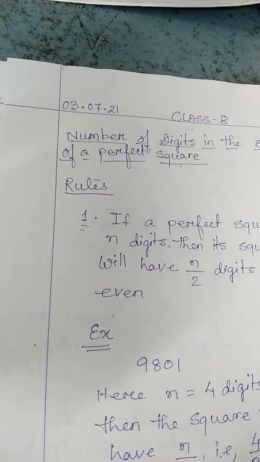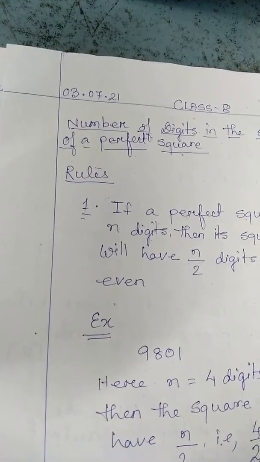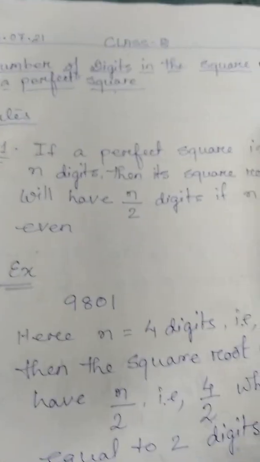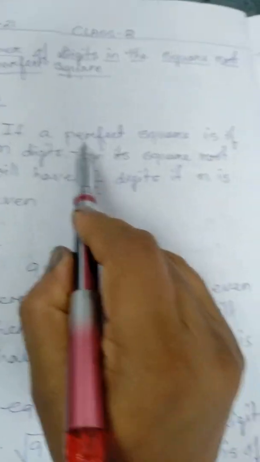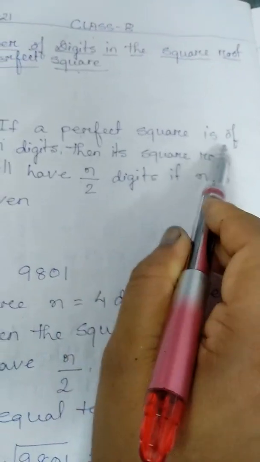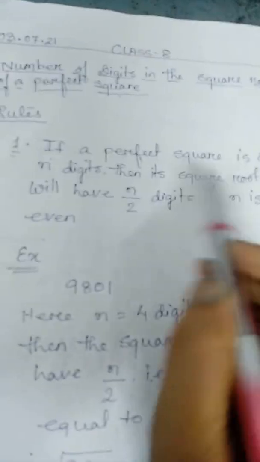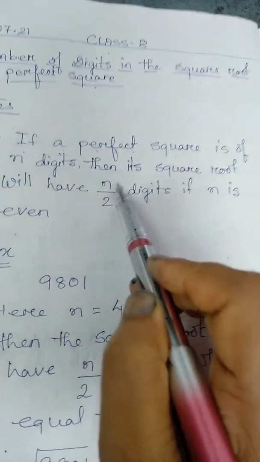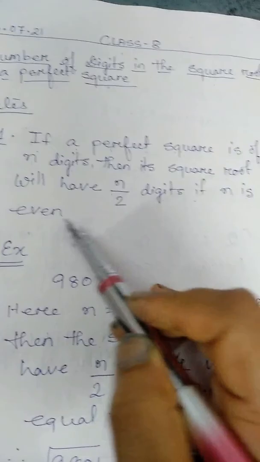So what will be the number of digits of the square root of that perfect square? So how we will find that? The rule is that if a perfect square is of n digits, then its square root will have n by 2 digits if n is even.